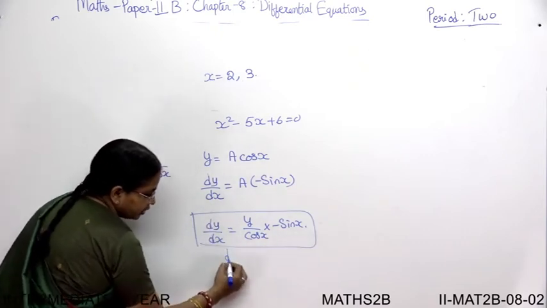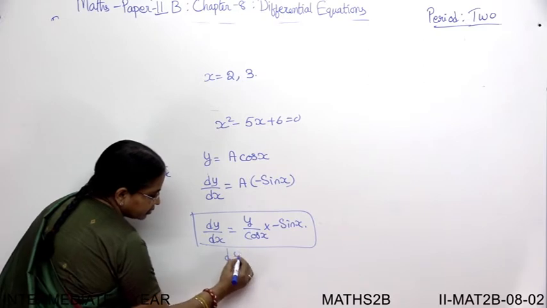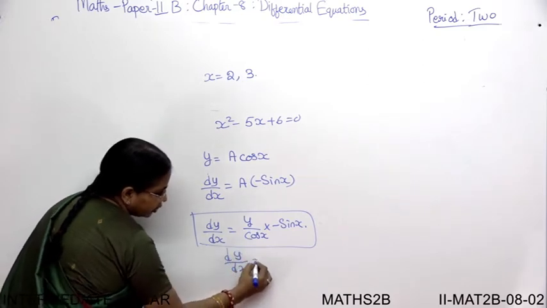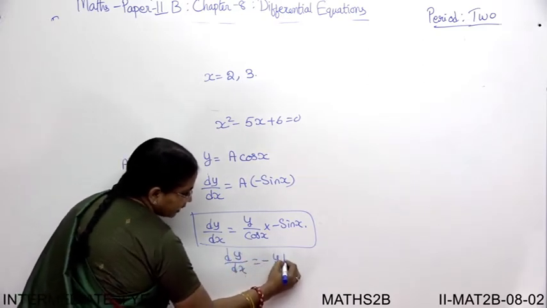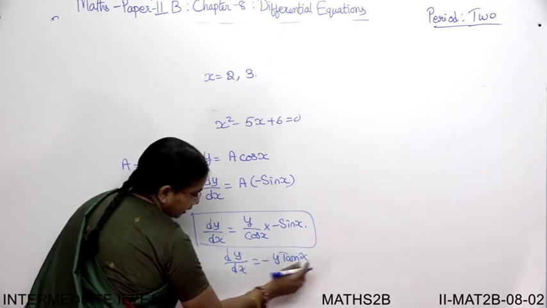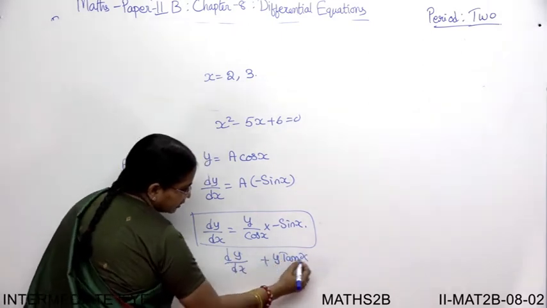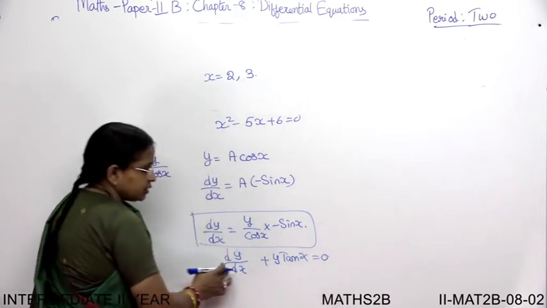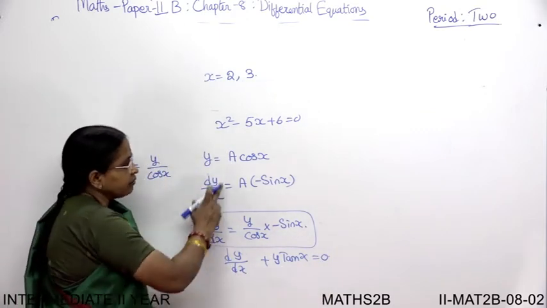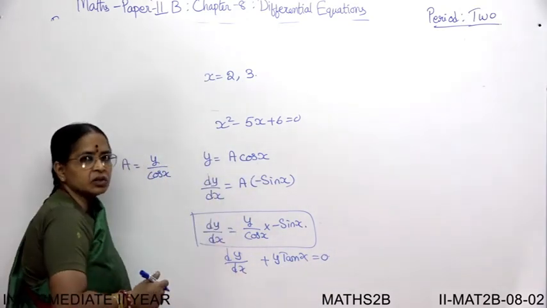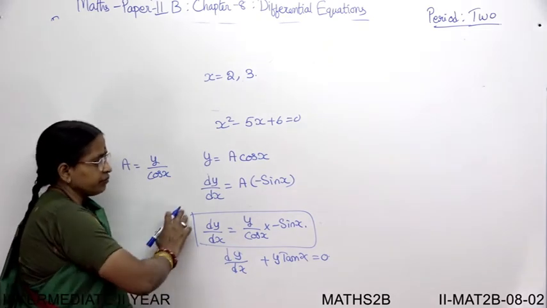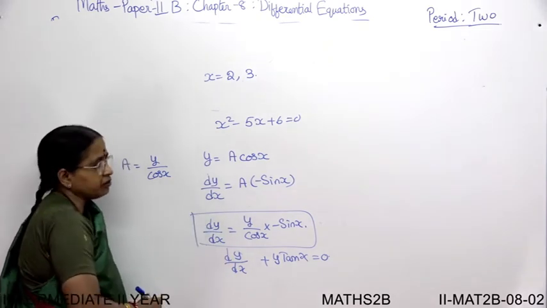So what is the equation? dy by dx is equal to minus y tan x, or dy by dx plus y tan x is equal to 0, is the differential equation for which a cos x is the solution. So like this we form the differential equation.